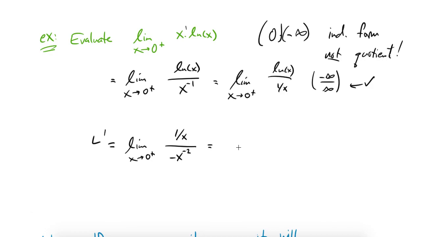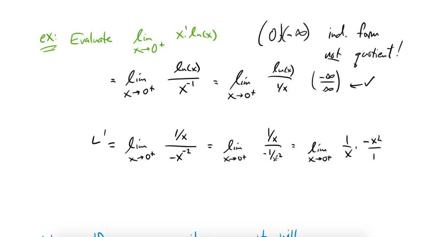So now if I clean this up with a little bit of algebra, you can see that this will be 1 over x divided by negative 1 over x squared, and then instead of dividing by that 1 over x squared, I can just flip and multiply. So really this is like this, right?